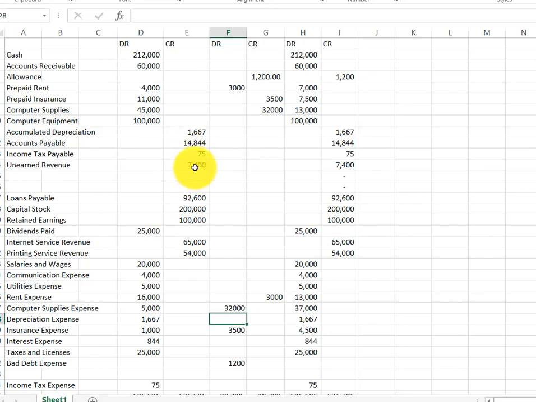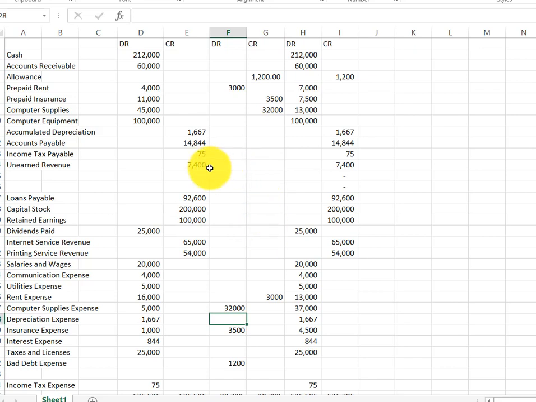Unearned revenue, however, is a commonly adjusted account because that means that we've received revenue we haven't earned yet. We've received cash, but we haven't done anything. So when we actually complete whatever it was we were being paid for, we need to move it to our revenue.